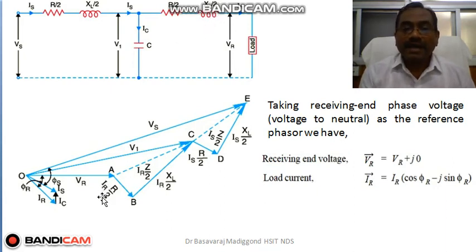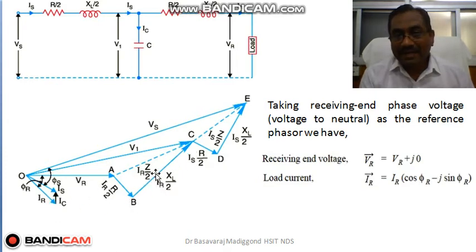The drop IR into R by 2 is in phase with IR, and the drop IR into XL by 2 leads IR by 90 degrees.